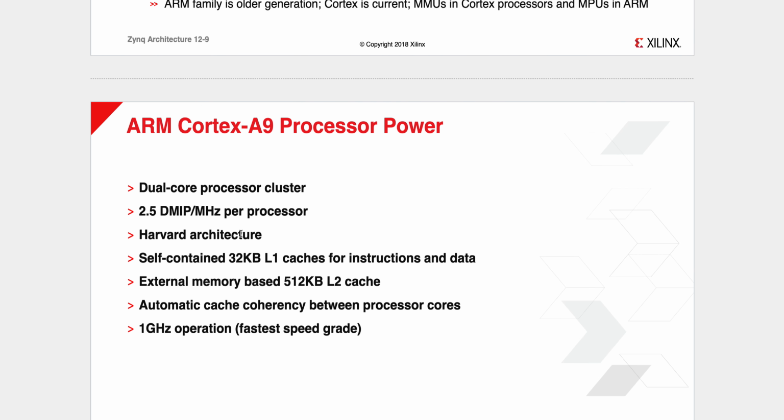That's why we need caches. And I'm going to explain each of these processor powers of the ARM Cortex-A9. We have an external memory of 512 kilobytes L2 cache. We have automatic cache coherence between processor cores. We have 1 GHz operation, which is the fastest speed grade.